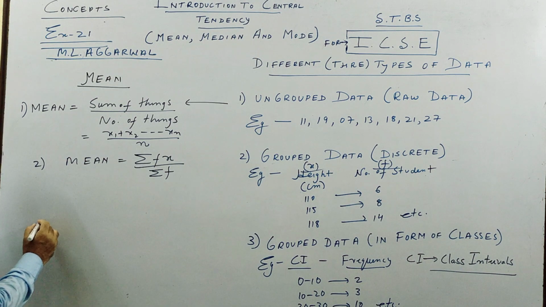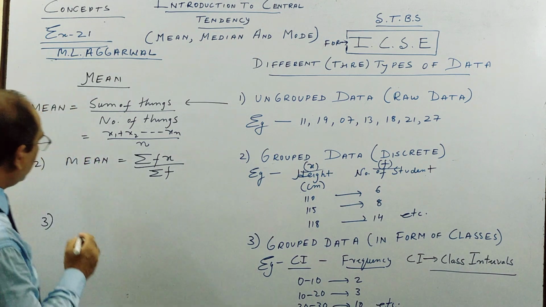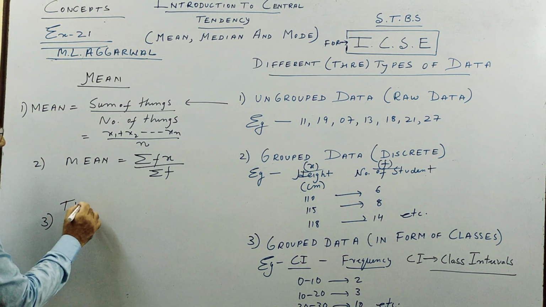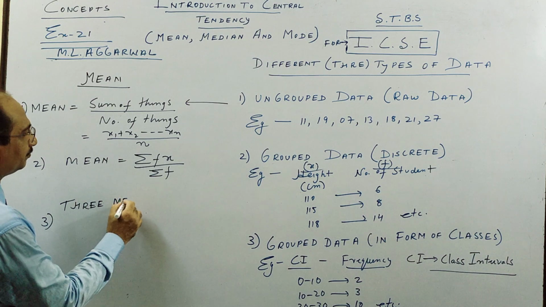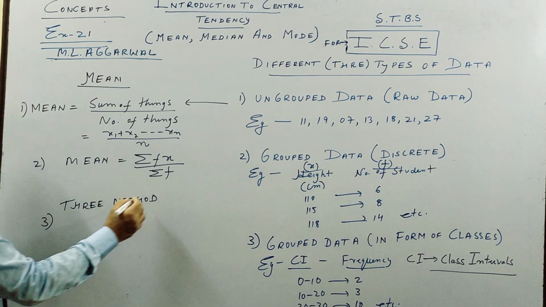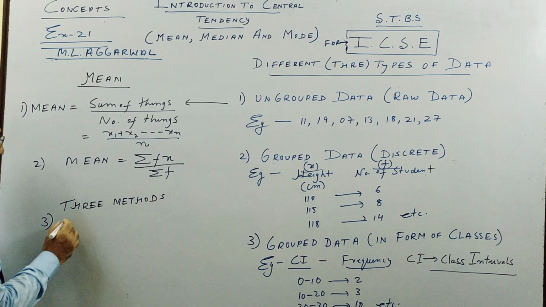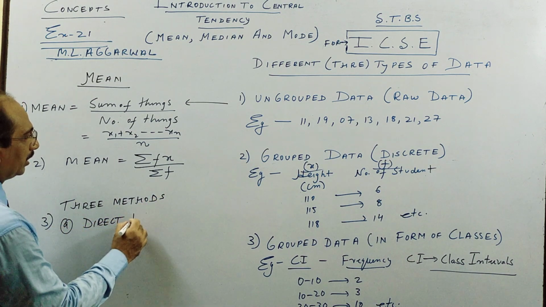Now the third one, children, here we have 3 methods. Number 1 is what we call the direct method.